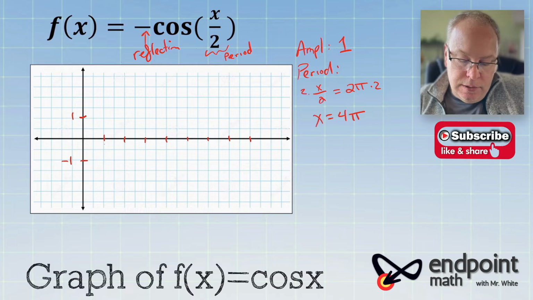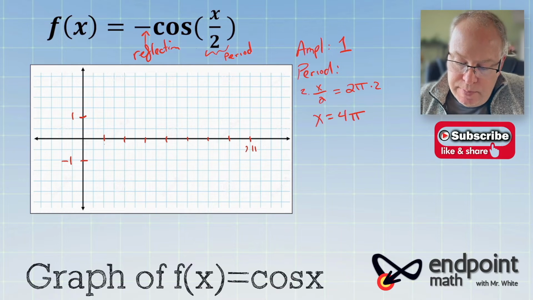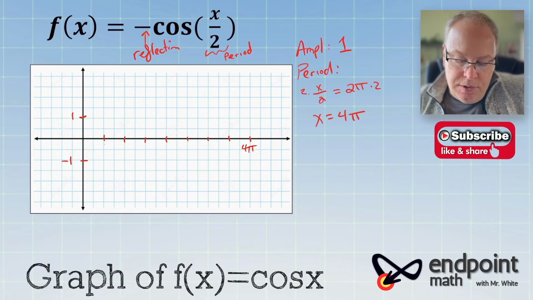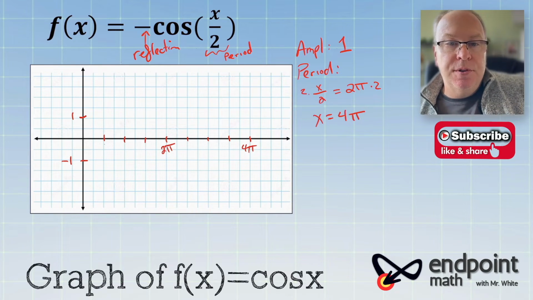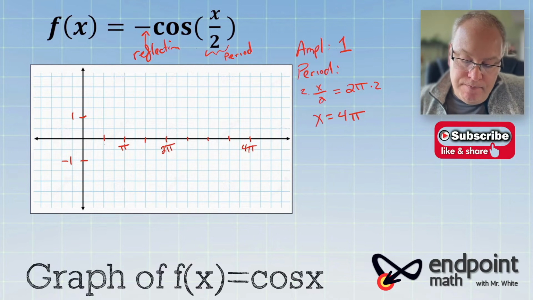All right, I got it. So this will be pi here. I'm sorry, this will be 2 pi. Let me start again. This will be 4 pi right here. This is 2 pi just like it was before, so this is the same scale as the very first one I did. This one's pi, and this is 3 pi here.